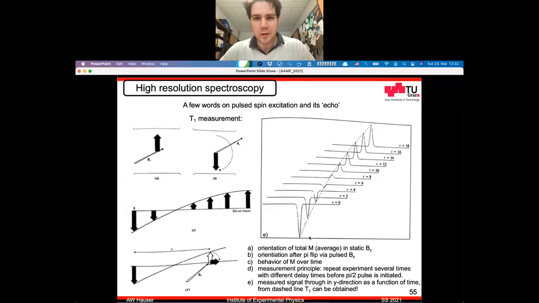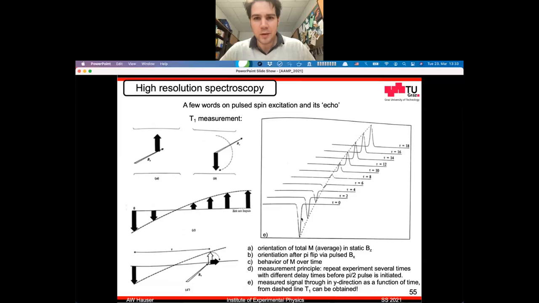But if you wait a little longer, there will be less net magnetization which stays and which is projected onto the XY plane, and then less and less. And at some point, you will go through the zero position. And if you continue, you will get the opposite signal, obviously, because you're already back to the original magnetization direction.